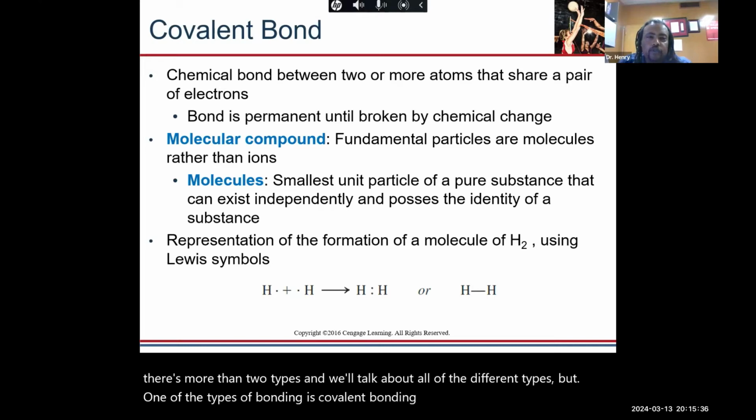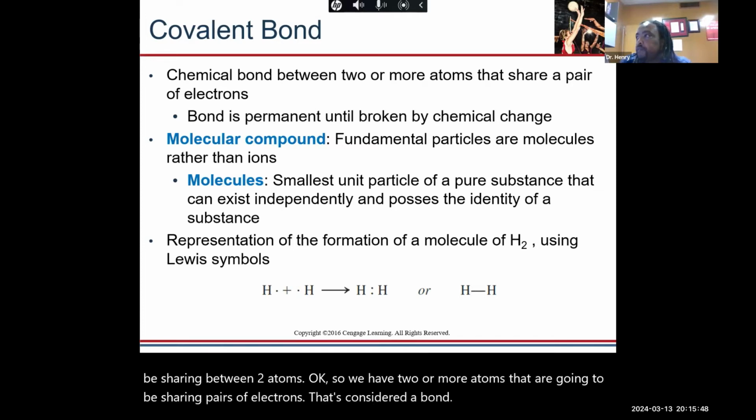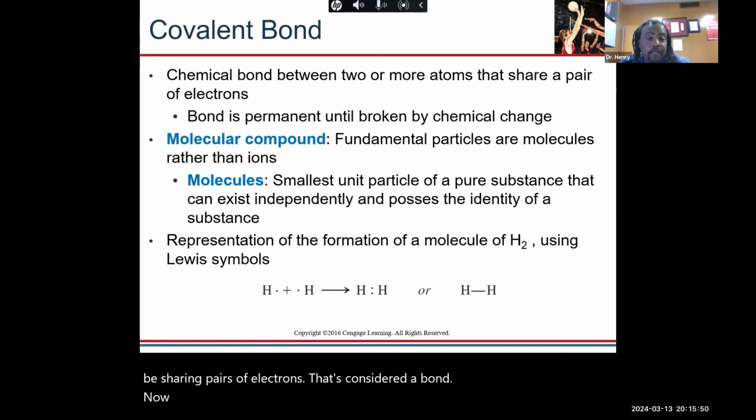Covalent is just going to be sharing between 2 atoms. So we have 2 or more atoms that are going to be sharing pairs of electrons. That's considered a bond. Now, bonds are going to be permanent until you break them by chemical change. So they have to have a chemical change to break those bonds.